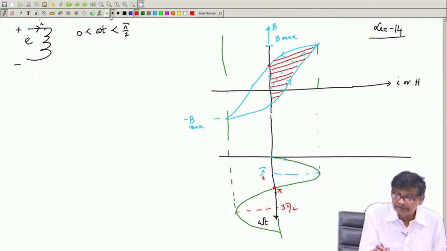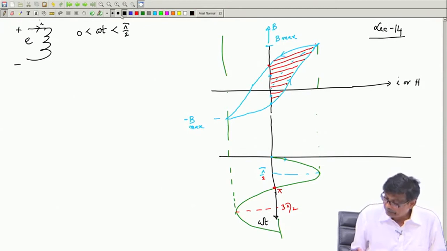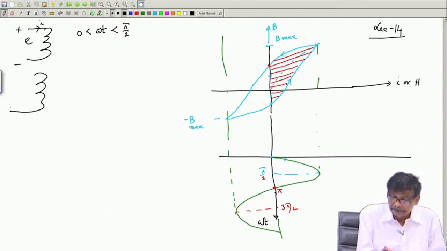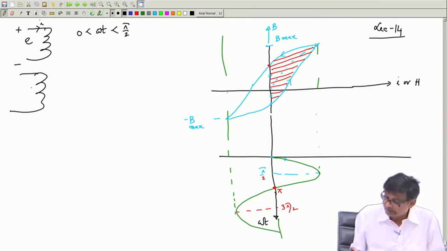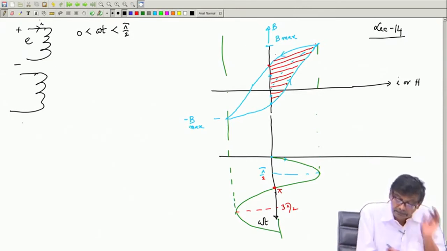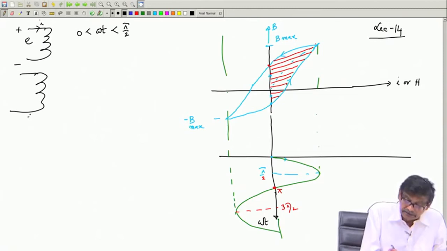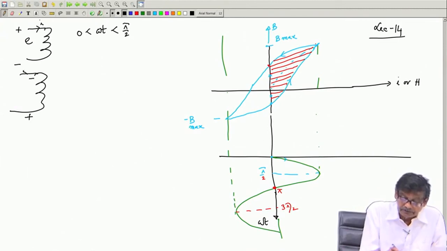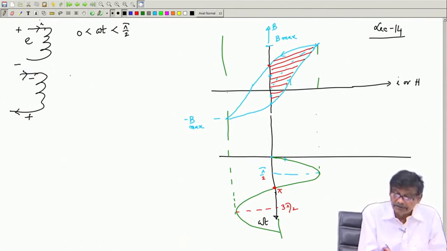Then what happens between pi by 2 and pi? This is the coil, and then the induced voltage, as you see, B decreases in this path, dB/dt is negative. So, induced voltage will be plus minus, and current of course still remains positive, meaning this is the direction of the positive current. So, this delivers energy.